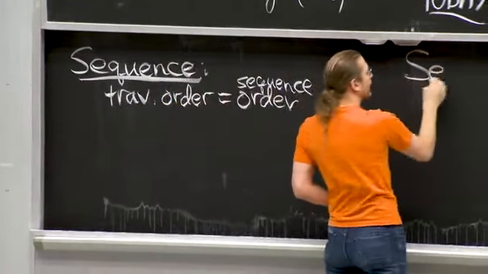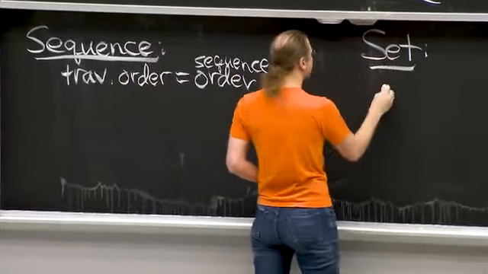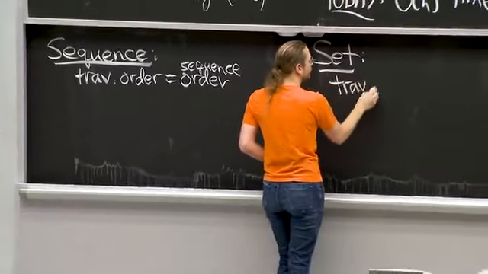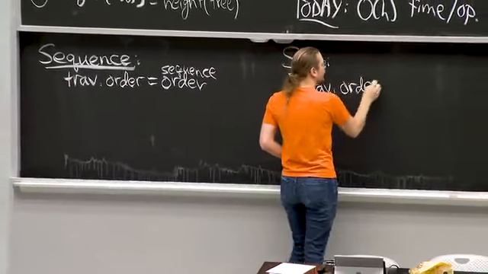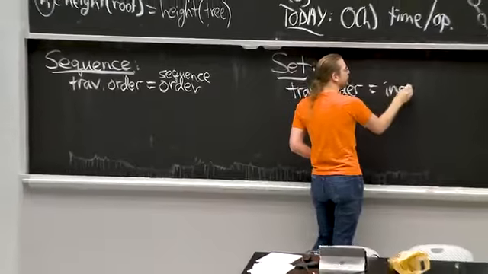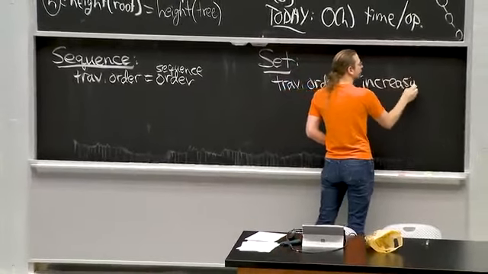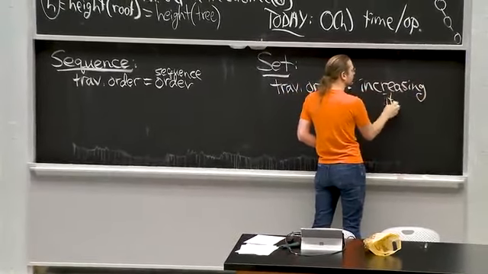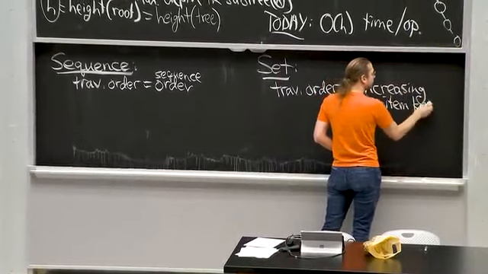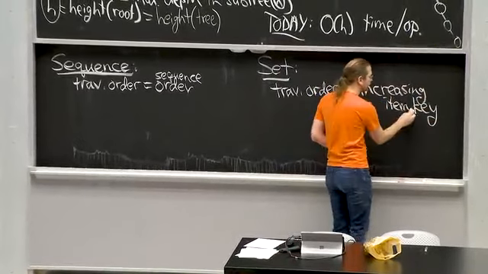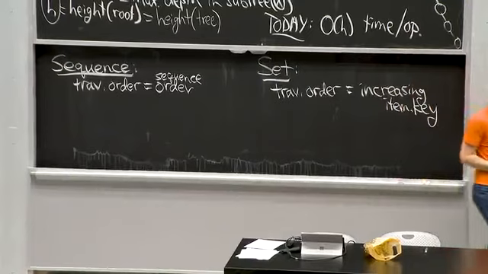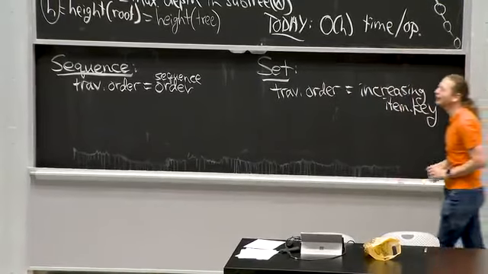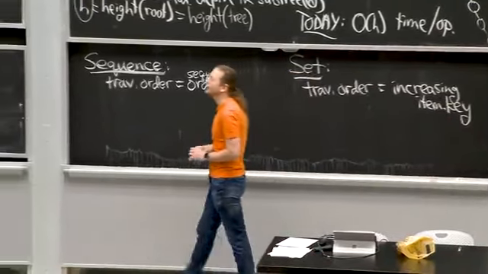And if we're trying to store a set, items with keys, we're going to make the traversal order ordered by increasing item key. In some sense, that's it. But then we need to think about how we implement all of these operations.